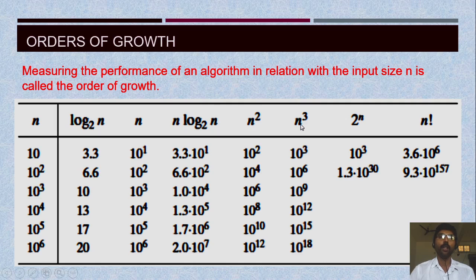Now consider g of n is quadratic. Its function shows the running time is quadratic. Now if I design any algorithm that is linear, or log n, or n log n, I can say that my algorithm is big O of g of n.